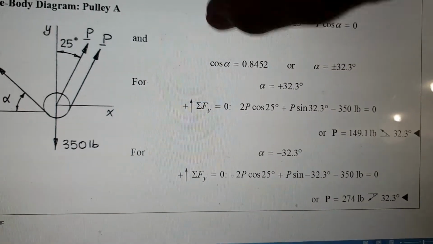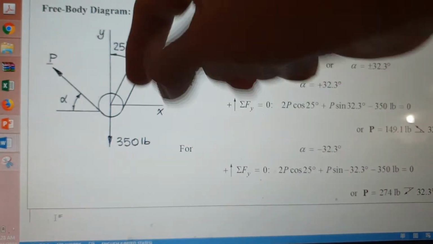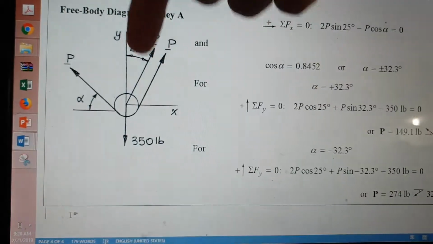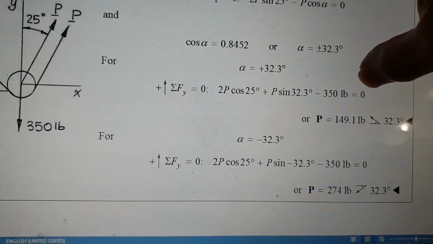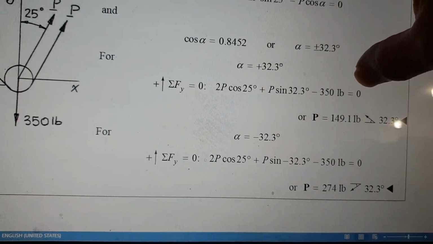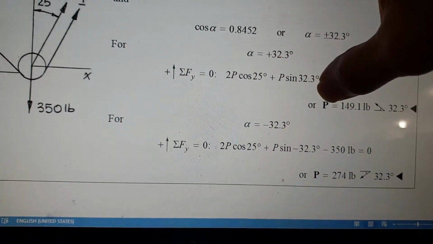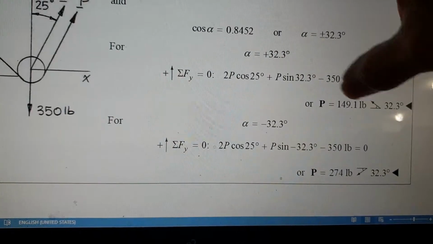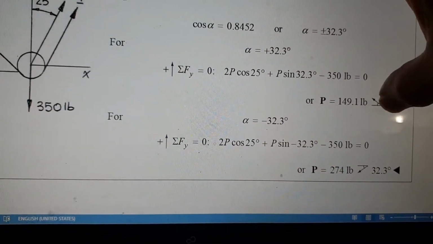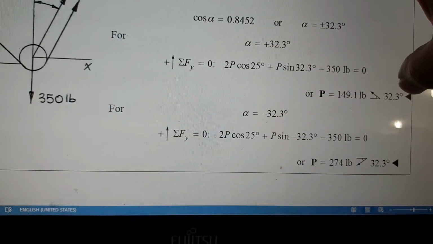If you take it in the y, 2B cosine 25 plus P sine alpha, and remember the weight is down in the y-axis, minus 350 equal to 0. So you can see here, everything is known except the P. So we're going to find P equals 149.1 pounds. And this is the angle. It's a positive angle from the x-axis. It's up. You can see that's a positive angle, 32.3.